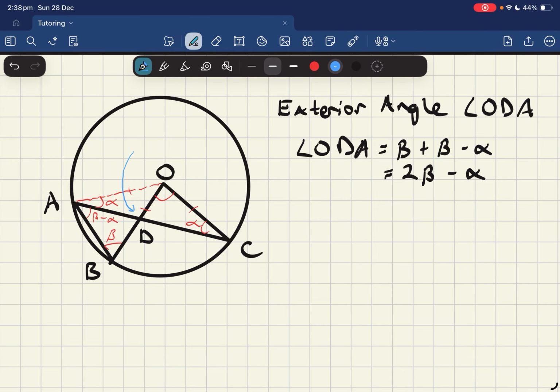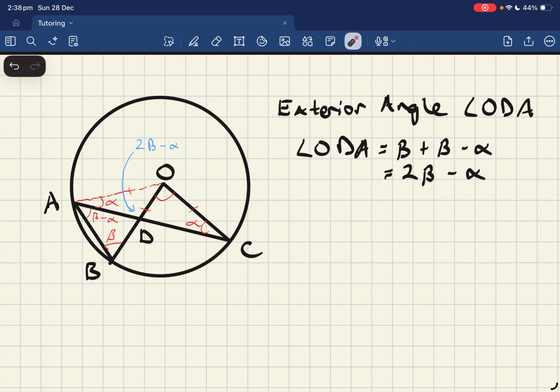If you notice though, this thing is also an exterior angle to this triangle in here. So we can say that the exterior angle, 2 beta minus alpha, is equal to the sum of these two interior opposite angles.